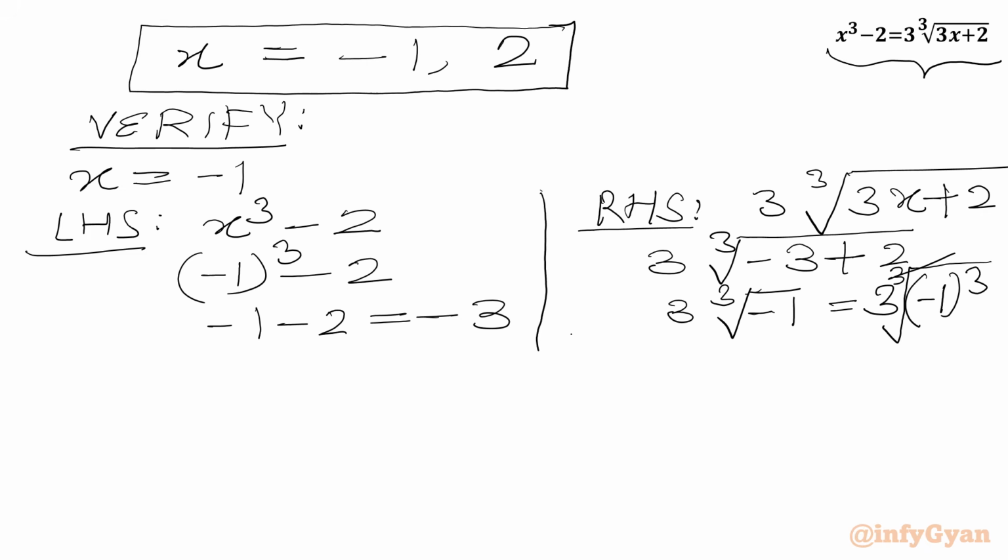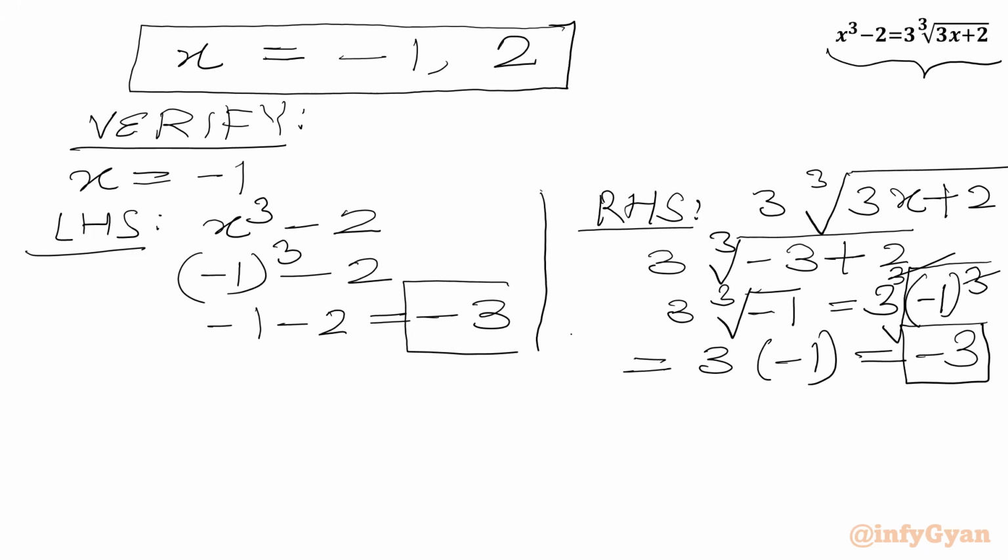Now cube root and cube will be cancelled out. We are going to get 3 times -1. So RHS is also -3. LHS is -3. RHS is equal to LHS, which is -3. So our solution x equal to -1 is verified solution.